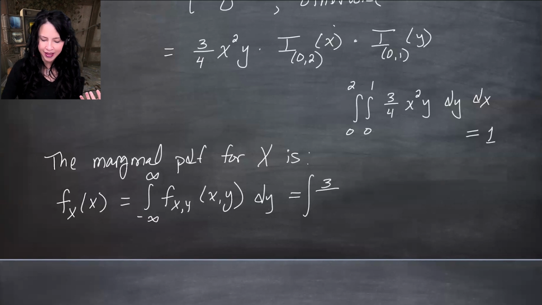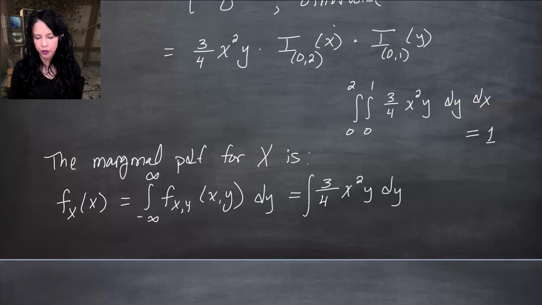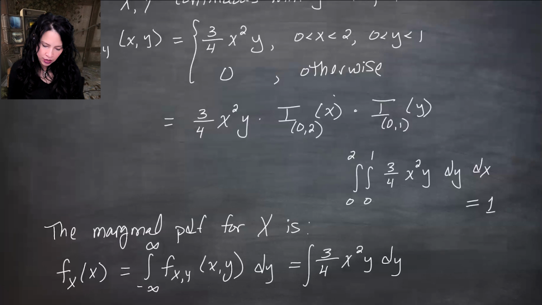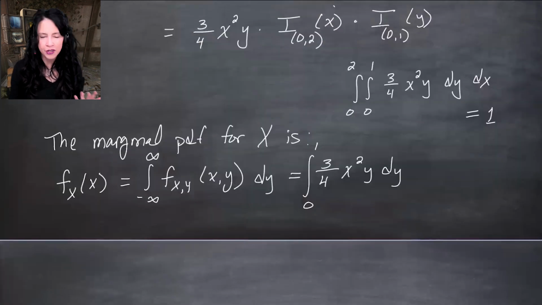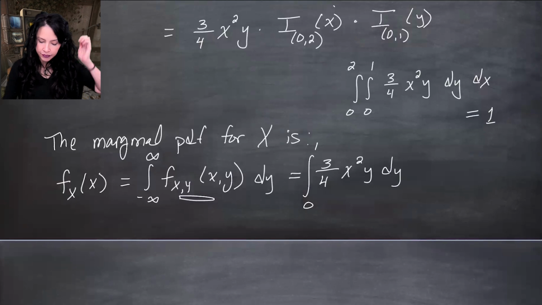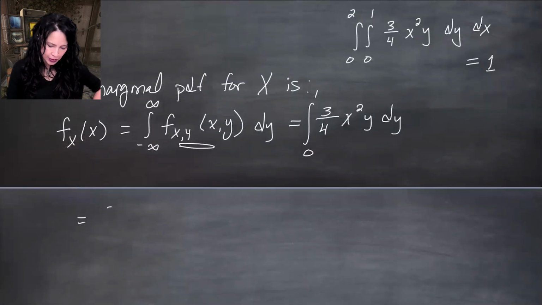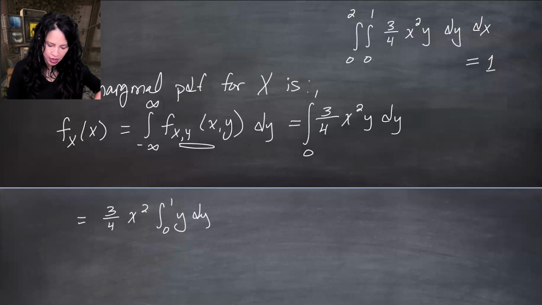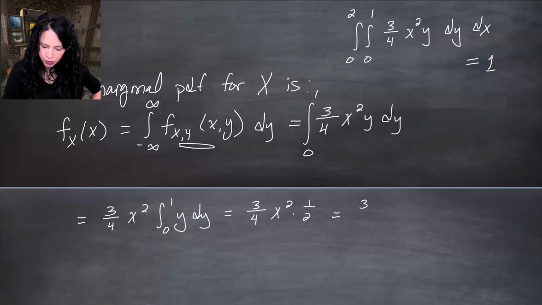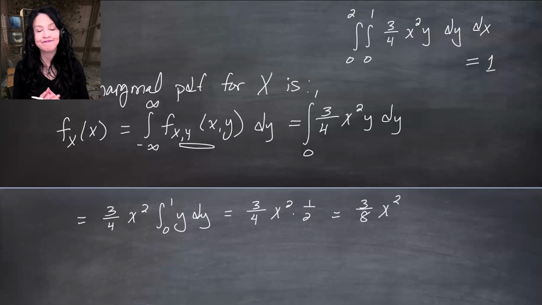Oops, forgot my integral. 3/4 x squared y dy, and then the integral would be over the y region, which was 0 to 1, because the integrand here is 0 otherwise. And we get, I'm going to pull out the 3/4, going to pull out the x squared. We get the integral from 0 to 1 of y dy, and that's y squared over 2. And when you plug in the limits, you're going to end up with 3/4 x squared times 1/2, so 3/8 x squared.